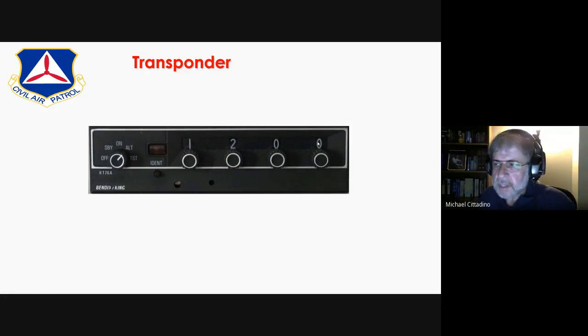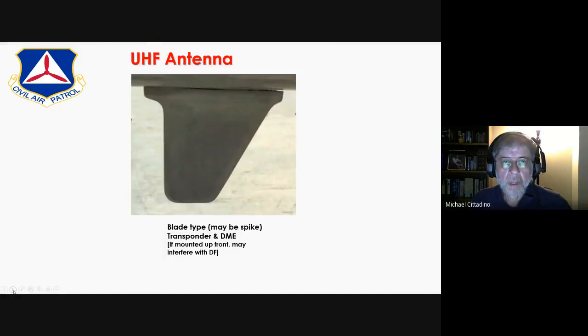In some cases, in certain airspaces, the air traffic control may tell the pilot to dial in a specific numeric sequence, which is called the squawk code, which will specifically identify the aircraft to air traffic control. Here's the antenna, that's the typical type of antenna that you'd see for the transponder antenna.